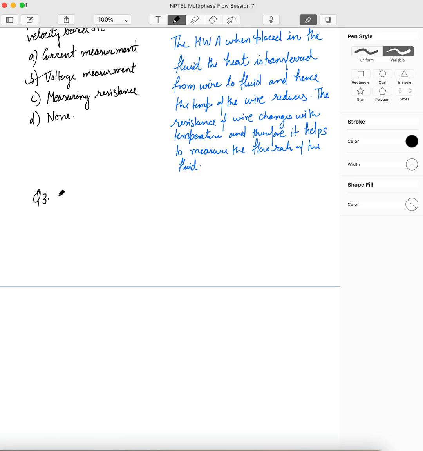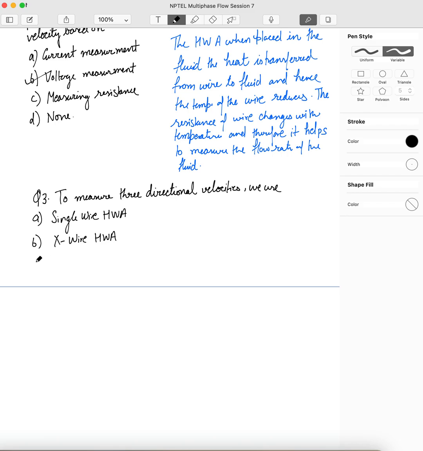To measure three directional velocities, we use, the options are: single wire hot wire anemometer, X wire hot wire anemometer, triple split hot wire anemometer, or none.